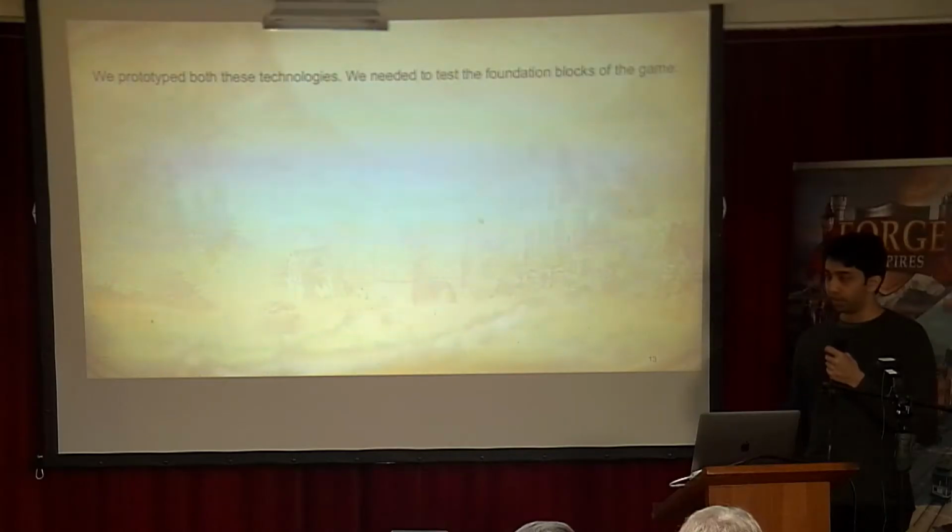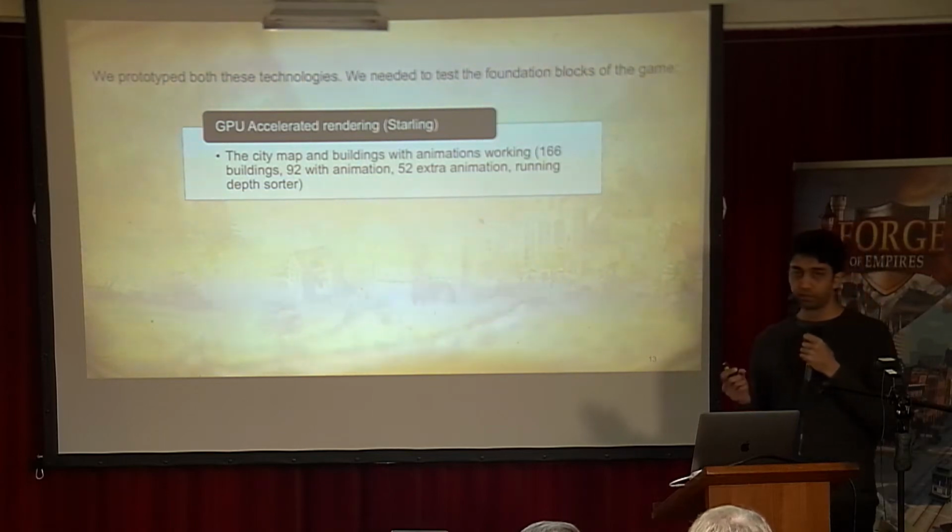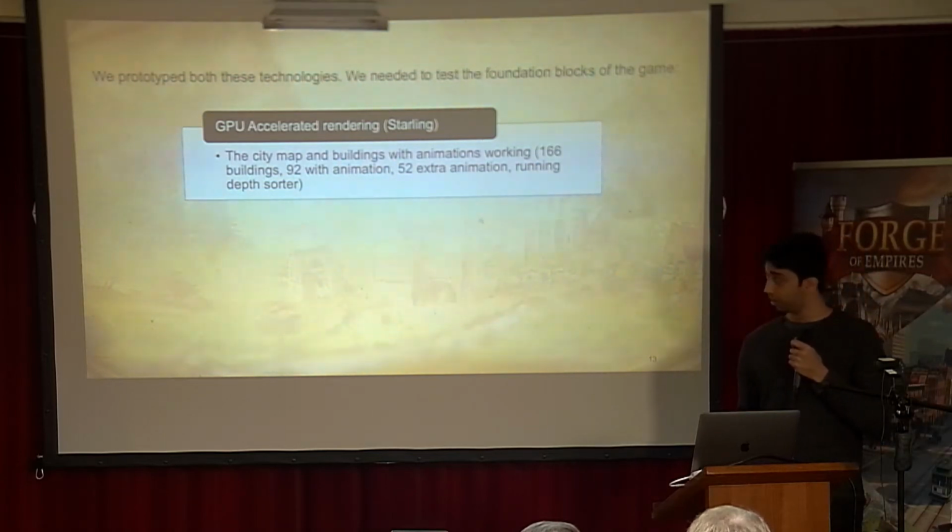So we had these two possibilities, and we thought we needed to prototype them. The idea was to test the limitations, to find out if there were any technological issues or things that would block us. We wanted to test the foundation blocks of our game, which were three things.